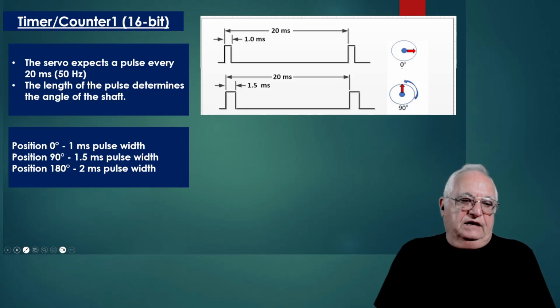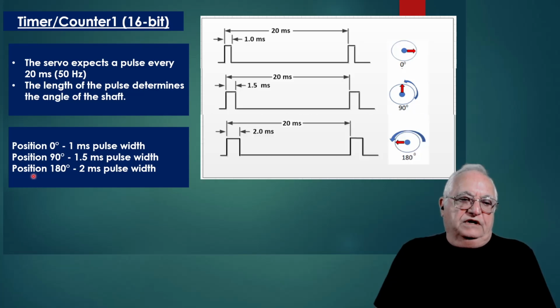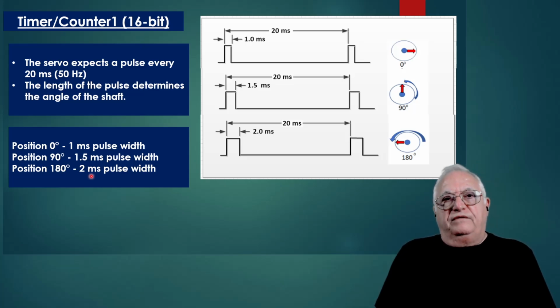And finally, if we want to move the shaft of the servo motor to the 180 degree position, we would have to send a 2 millisecond pulse. Again, a pulse of 2 milliseconds duration with a period of 20 milliseconds.